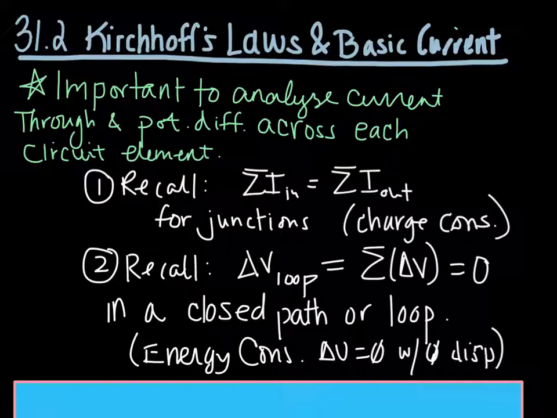Also, the total voltage in the loop has to add up to 0. And we're going to talk about this a bit more in the slides to come. So in a closed path or loop, the energy is conserved. Basically, if we're coming back to the same point and the displacement is 0, then the total energy has to also be 0 because we're ending up at the same point we started in.